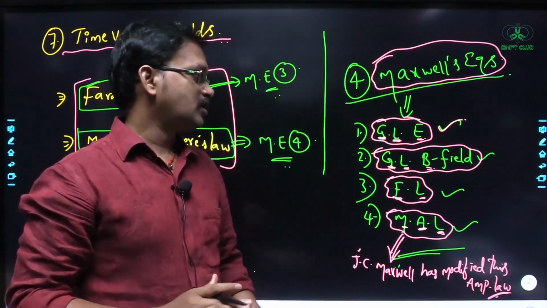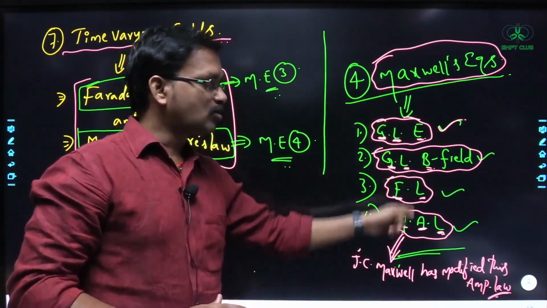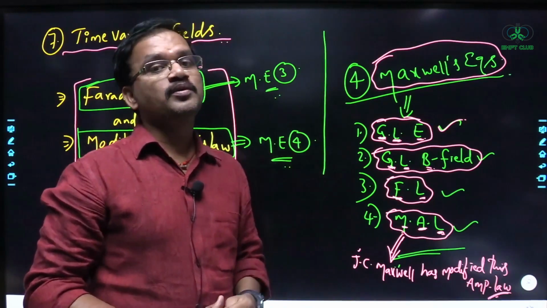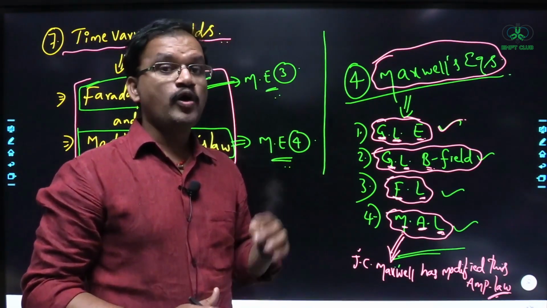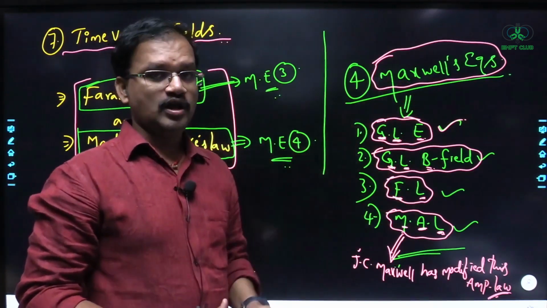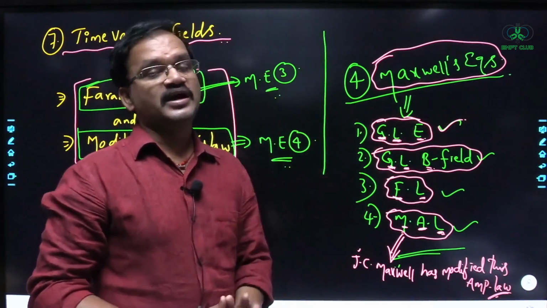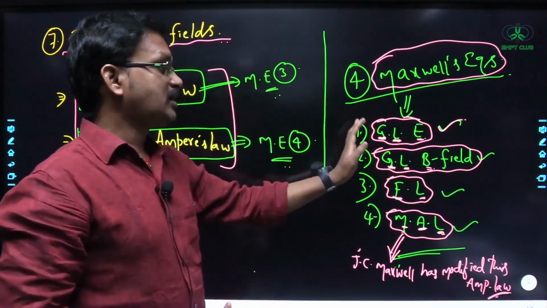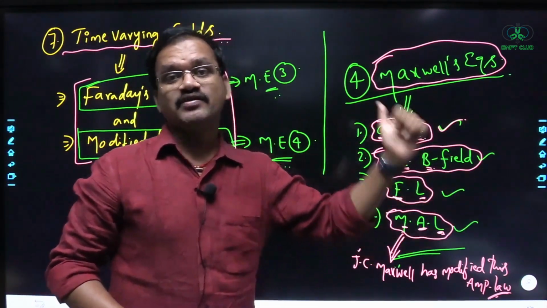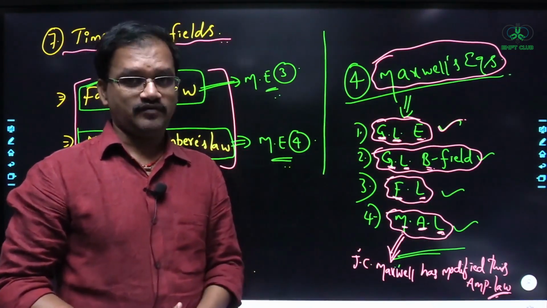Which means Maxwell has formulated all these laws of electromagnetism into 4 simple mathematical equations. Who has given the mathematical forms for these laws is Maxwell. So that's why all these laws together we call Maxwell's equations.